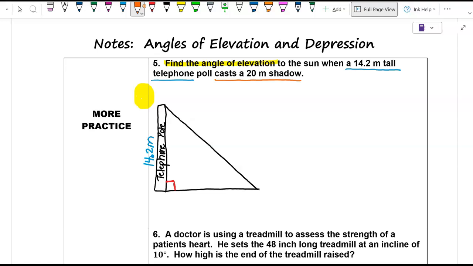Shadows are on the ground. So anytime they're talking about the shadow, we're talking about the distance on the ground. And they asked us for the angle of elevation. So theta is going to go in that bottom corner there.